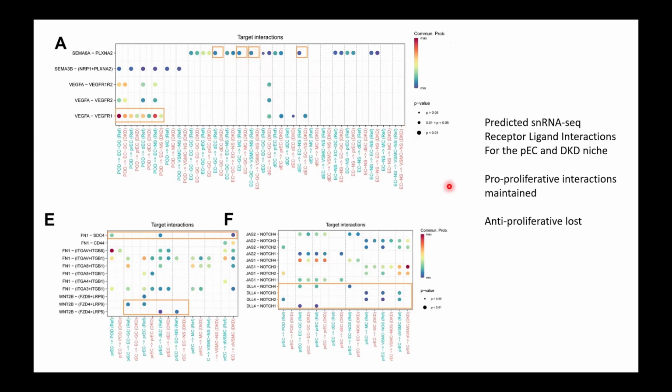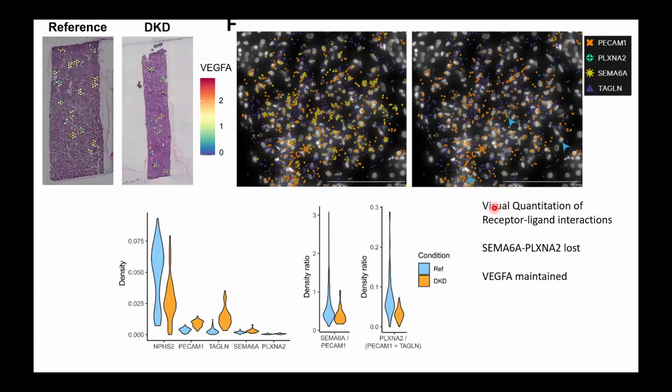This communication is known to regulate axonogenesis and prevent proliferation. So we believe that this pro-proliferative endothelial VEGF is maintained while this anti-proliferative communication is lost, right? You have some other pairs, for instance DLL and Notch, that are also known to balance between sprouting and proliferation of endothelial cells. So then we focus on these particular changes of SEMA6A and PLXNA2.